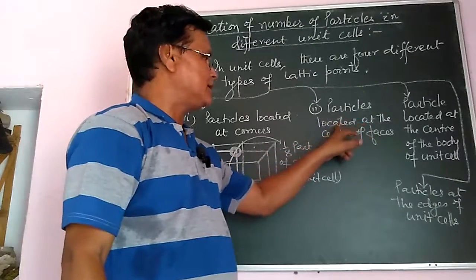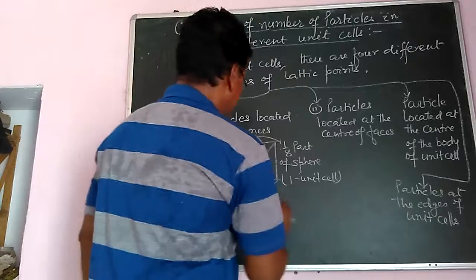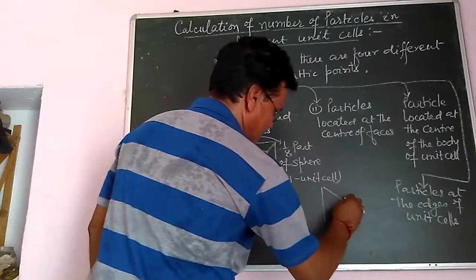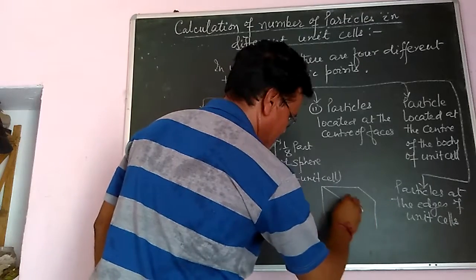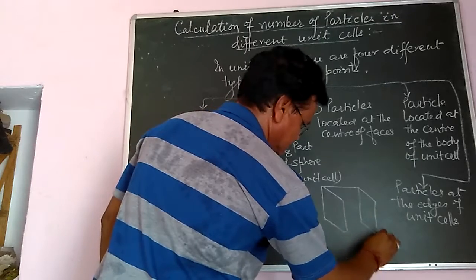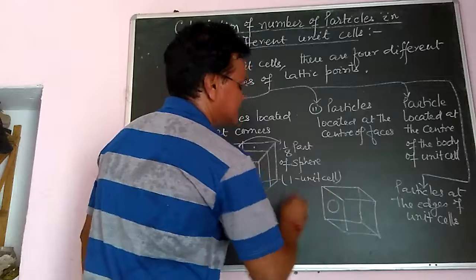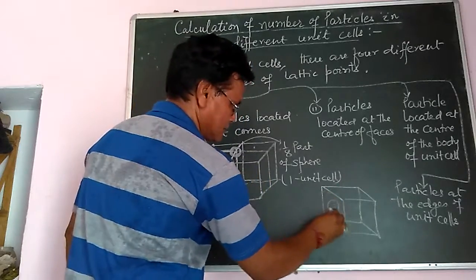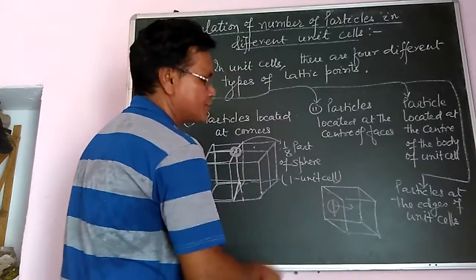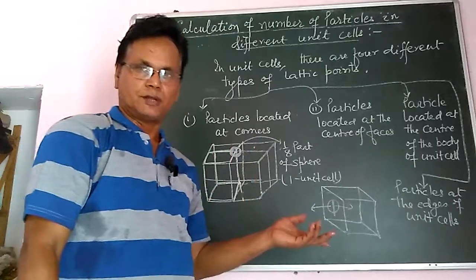See here, particles located at the center of faces. Suppose the face is here. This is the face. Half of it will be inside this unit cell, and the other half will be in the other unit cell.